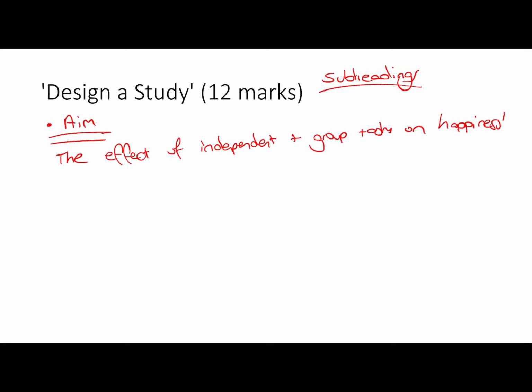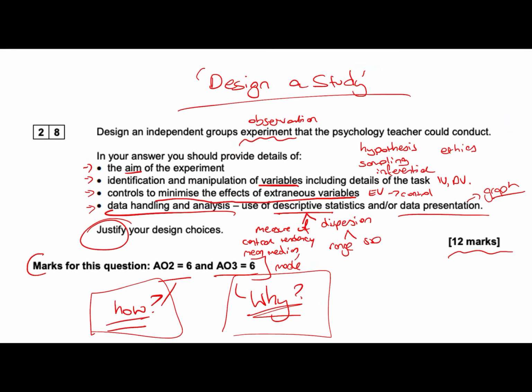It's simple, it's succinct, it's got our IV and our DV, but our aim is not operationalized. Just keep it very, very simple. What I would be doing at this point is ticking this off. Yes, good, fantastic, I've included the aim of the experiment.